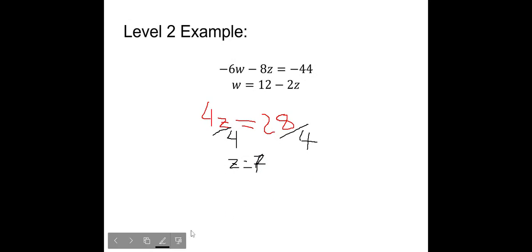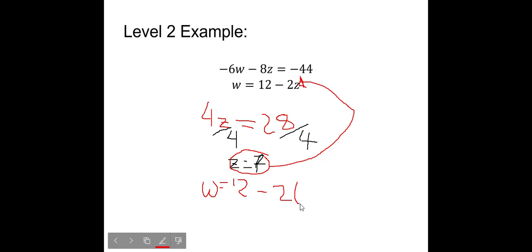If z equals 7, I can now take that z that's all by itself as a constant and plug it back into our original fixed equation. Because we still want to find w. We don't have w by itself yet. So we have w equals 12 minus 2 times z, which we found to be 7.